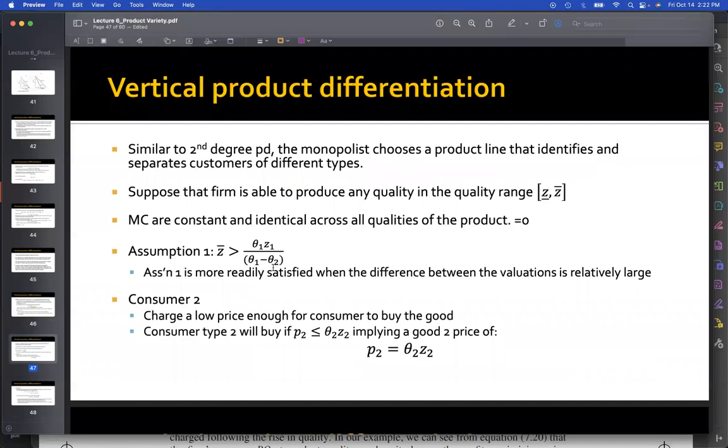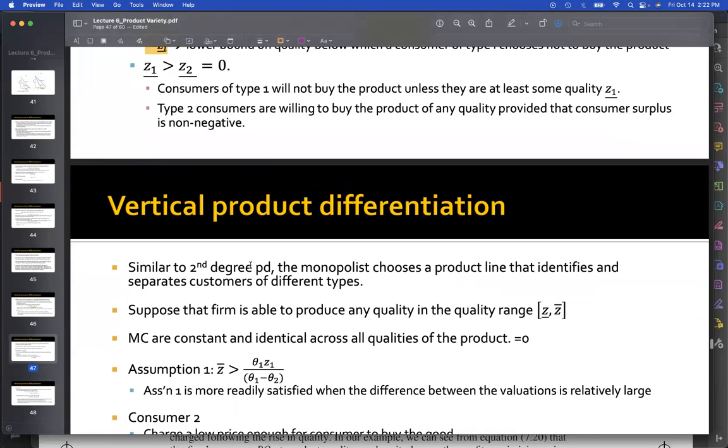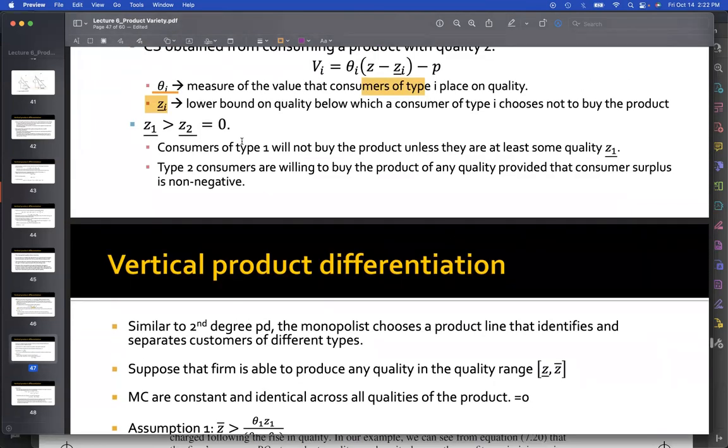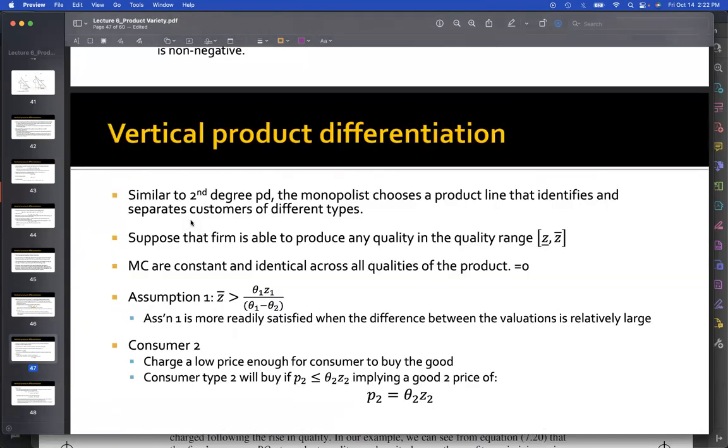In the same way that group 1 has the higher minimum quality threshold, the Z underscore 1, which is greater than 0. So we'll interpret this later. But we can see here that if there is a big willingness to pay gap between group 1 and group 2, then that's more readily satisfied. And we'll see the importance of assumption 1 is that it allows second-degree price discrimination to occur.